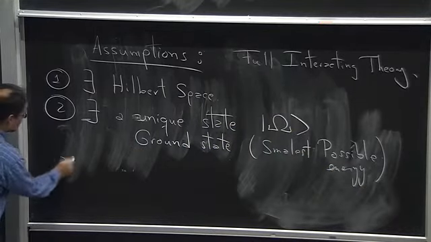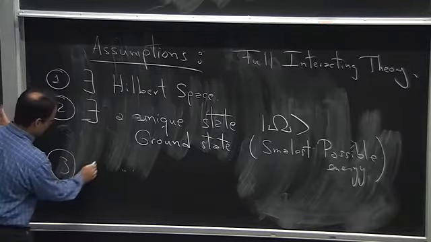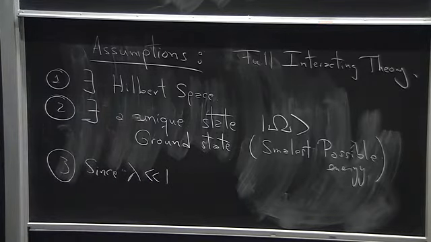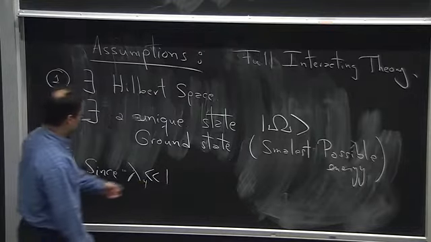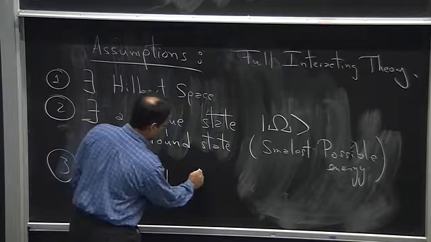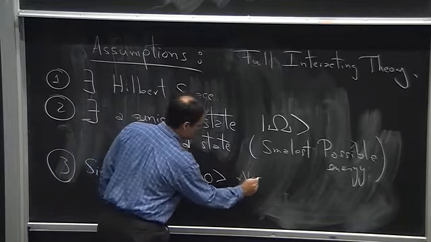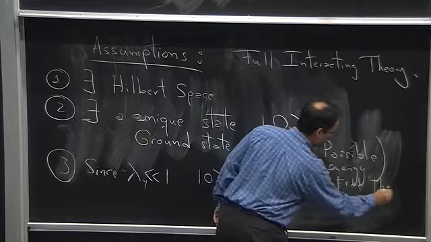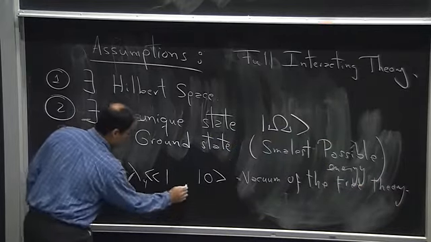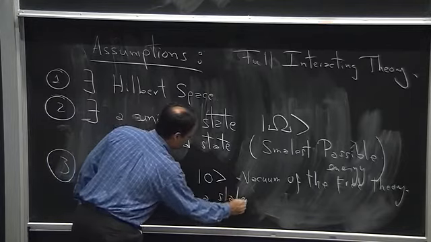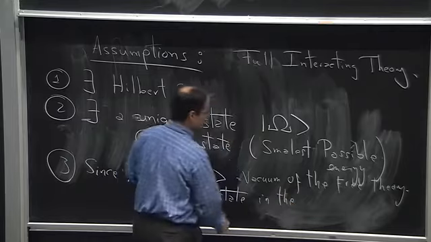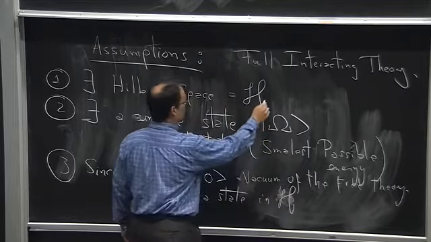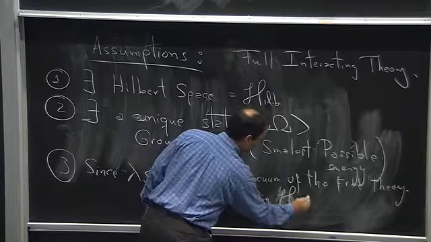Okay. The third assumption we're going to make is that since lambda is small, we're going to take it to be very small, lambda phi^4, it's reasonable, the following assumption is reasonable: that the vacuum of the free theory is a state in our Hilbert space, let's call it H, okay?